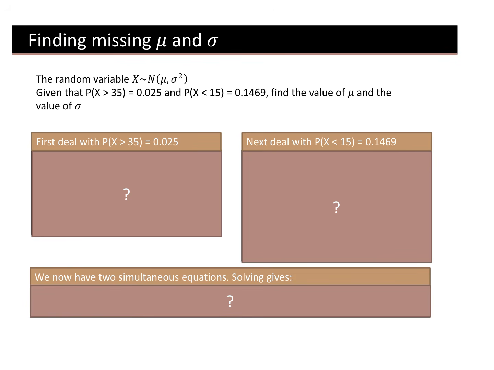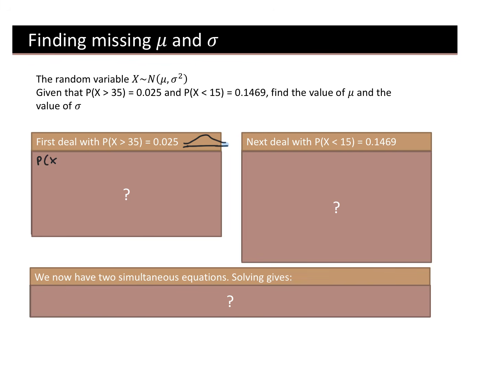First equation, probability of x being greater than 35 is 0.025. If I was to draw that, the probability of x being greater than a number is literally minimal. Okay, this could be the same as 1 minus that probability, isn't it? Yeah?